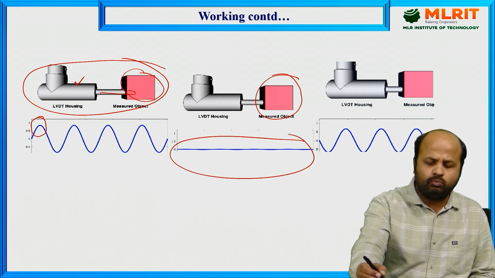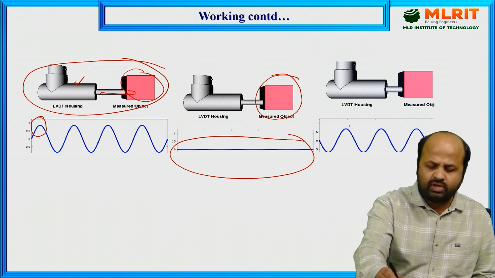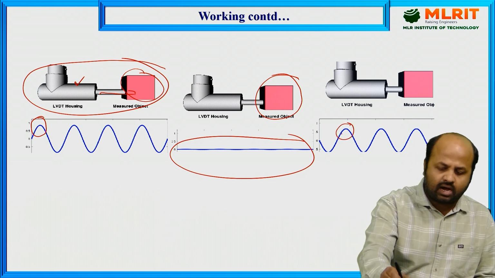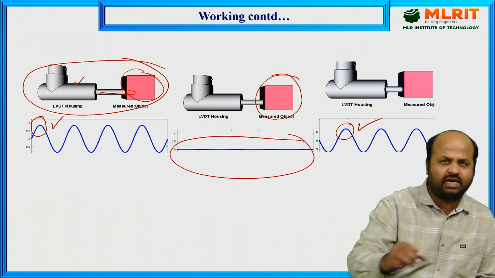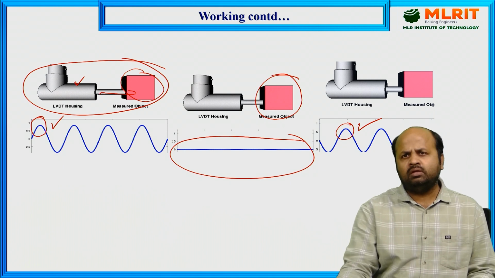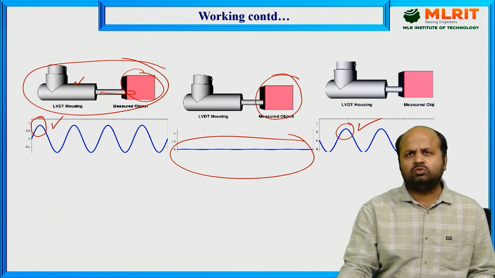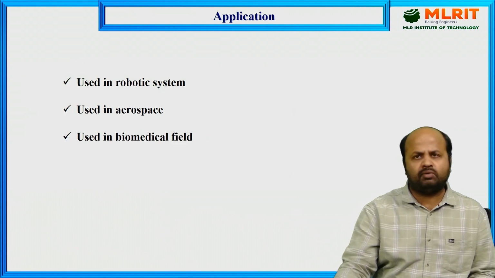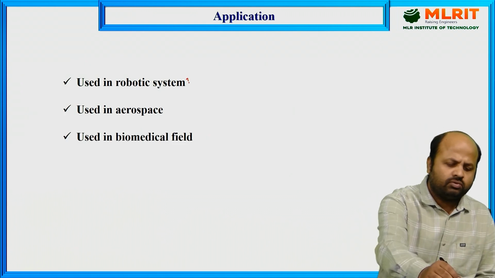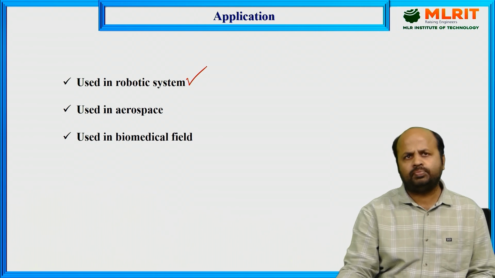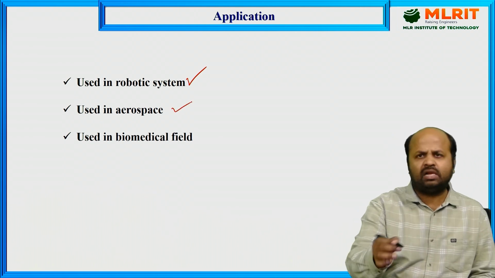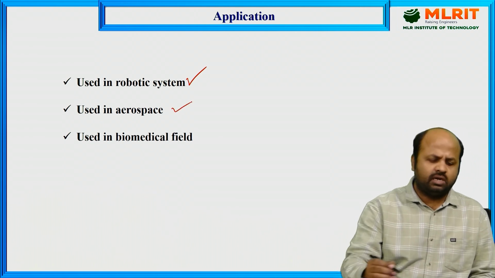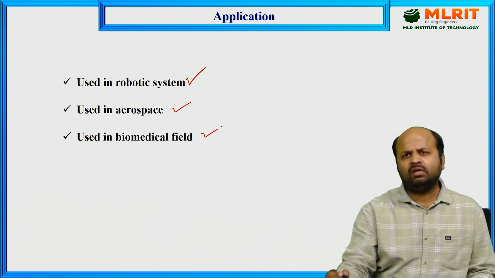If it moves more towards the left side, again we get the maximum voltage, but opposite in phase as compared to the right side. In this way, the LVDT can be used to measure the displacement of an object. Further applications of LVDT are that it is widely used in robotic systems, in aerospace for balancing aircraft, and in biomedical also.